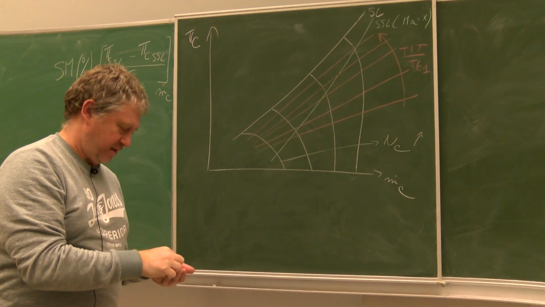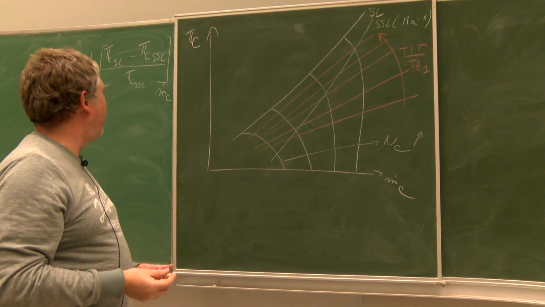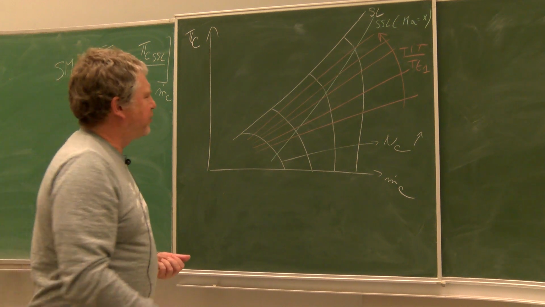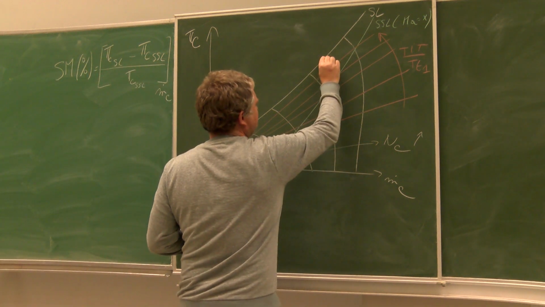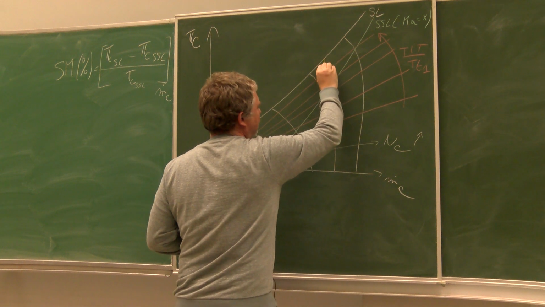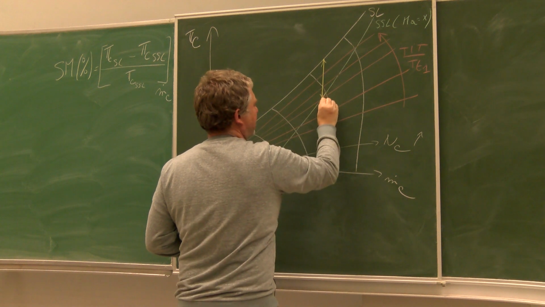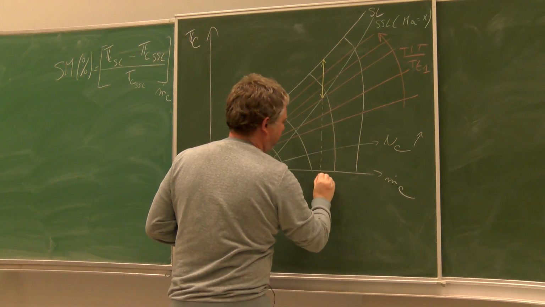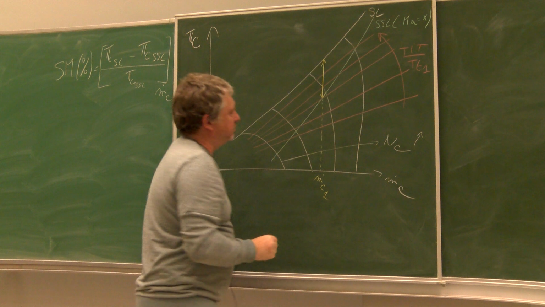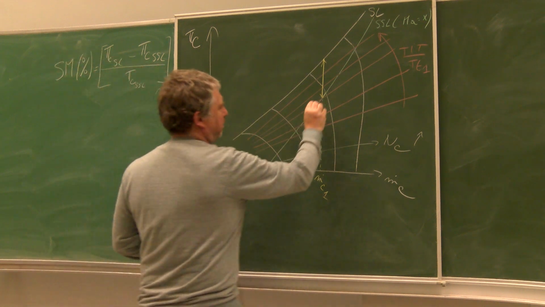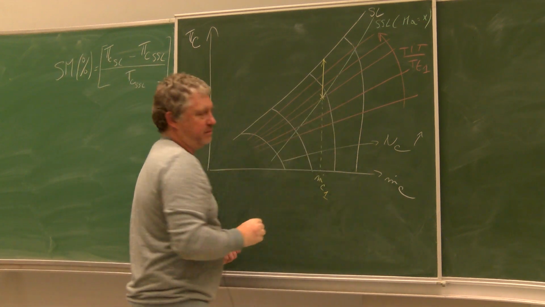And so what we call the surge margin is the value that you have here, this distance at a certain value of m dot, divided by the value you have there.